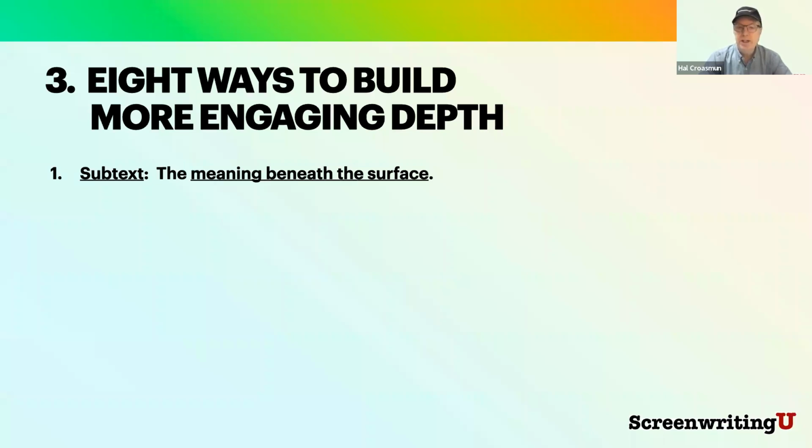First one is subtext, the meaning beneath the surface. And I think subtext is one of those things that people think are mysterious. Early on, back 20 years ago, I went to every screenwriting teacher I could find and I asked them, how do you write subtext?